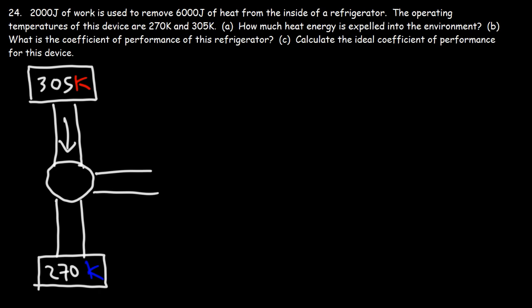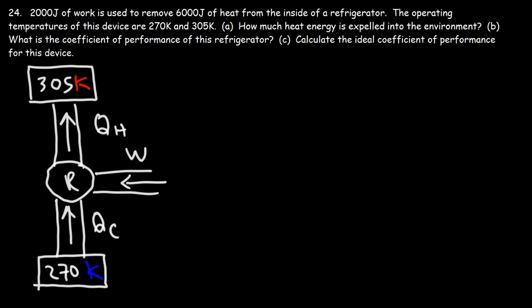Instead of getting mechanical work out of the engine, for the refrigerator, we're going to put in mechanical work so as to pump heat energy from the inside of the refrigerator where it's cold and pump it all the way outside of the refrigerator, that is to the environment where it's warm.